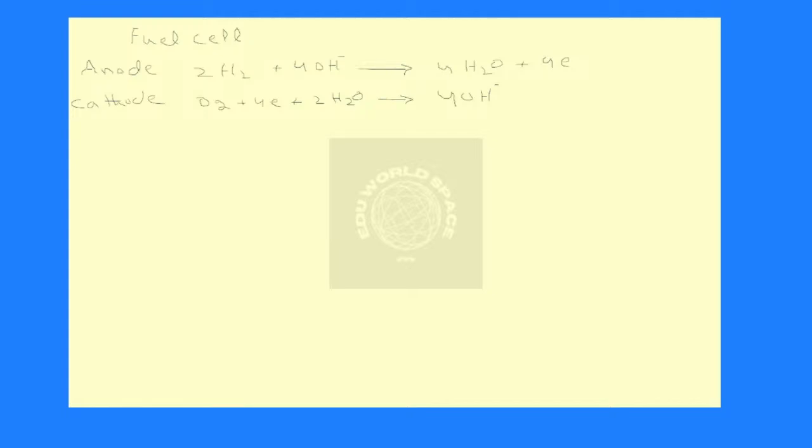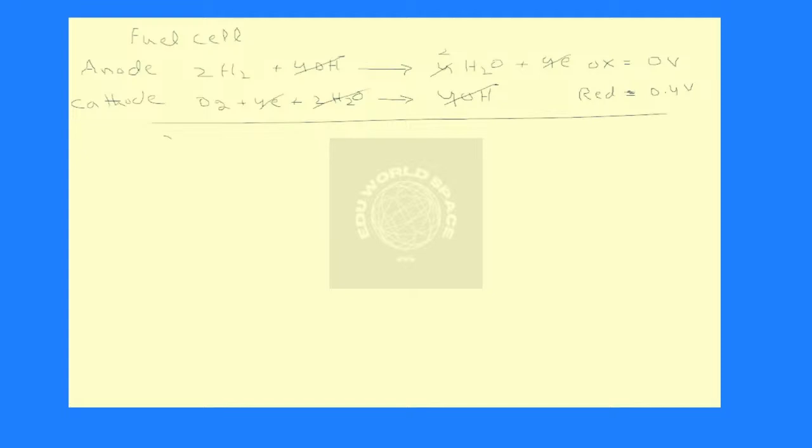As we know, the oxidation potential of hydrogen is 0 volt, while the reduction potential of oxygen in this case is 0.4 volt. Adding both the reactions, we can cancel the electrons on either side, also the hydroxyl ions on either side, and we can cancel two water molecules.